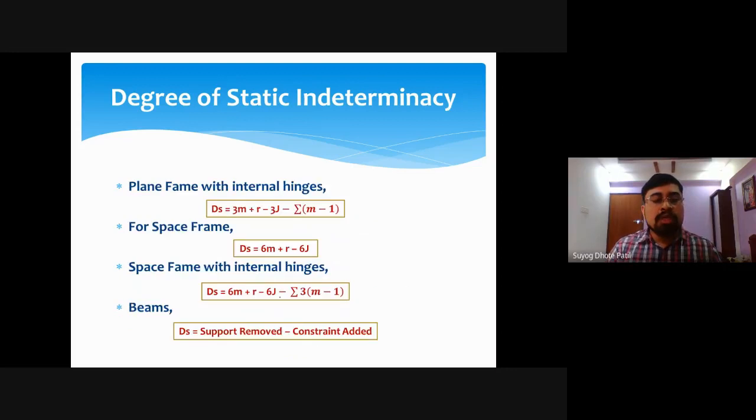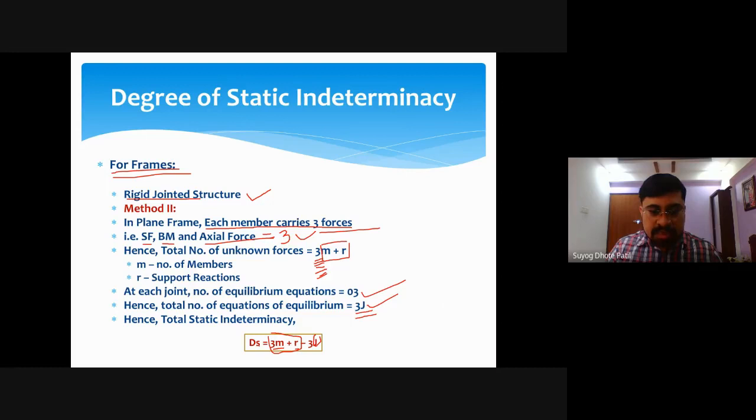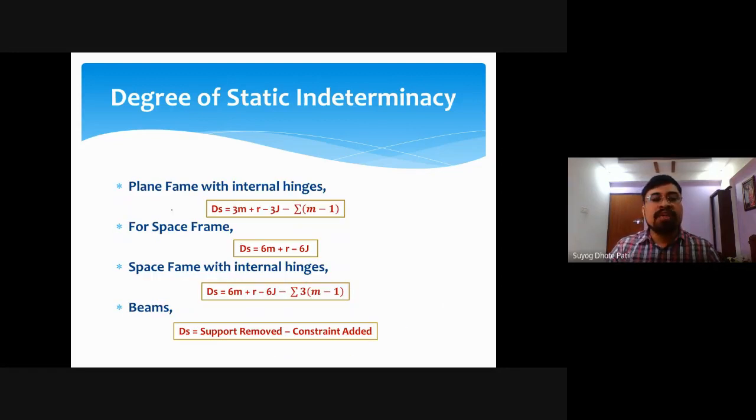Then similarly, DS will be equal to 3m plus r minus 3j for a plane frame, meaning no internal hinge, nothing. For a simple plane frame, DS is calculated by using this formula. Now for a plane frame with internal hinge, this formula is the same as the previous one, only the summation of m minus 1 is subtracted from the whole term.